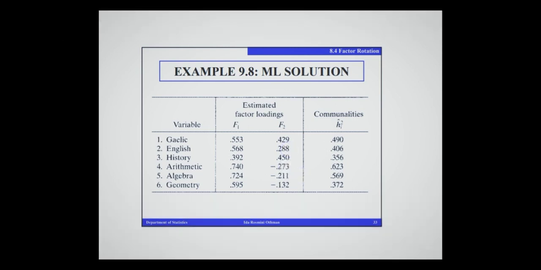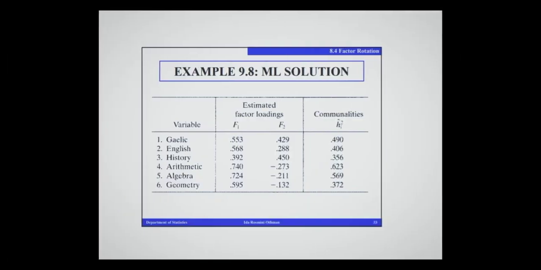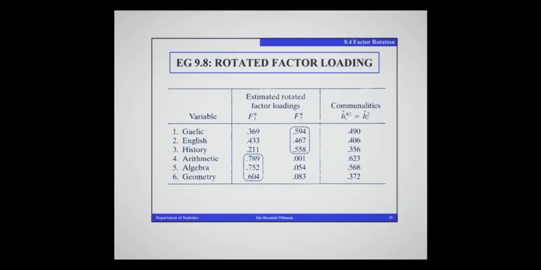So it's confusing. In this case, using R and also using the factor loading, we cannot identify the variables that can be grouped together for the 2 factors. So we can decide to do the factor rotation.